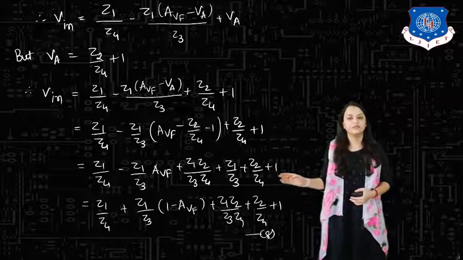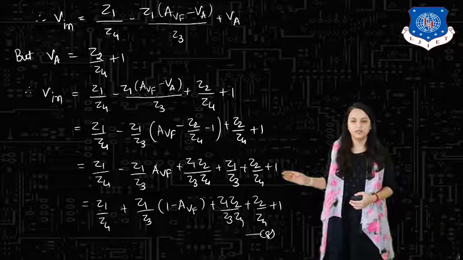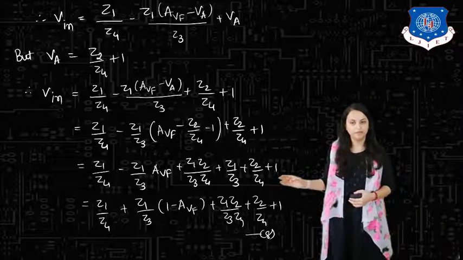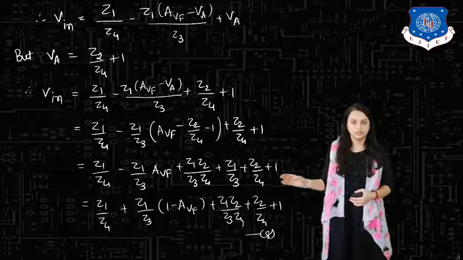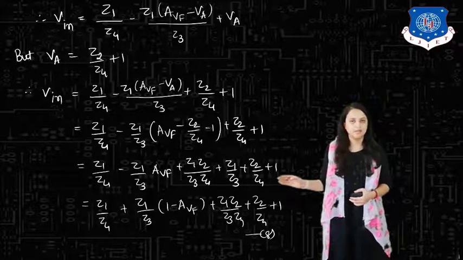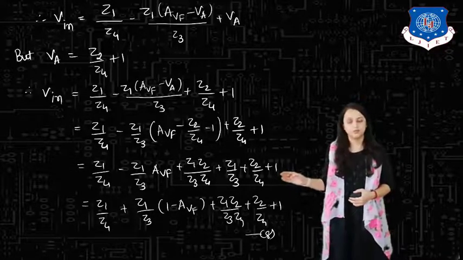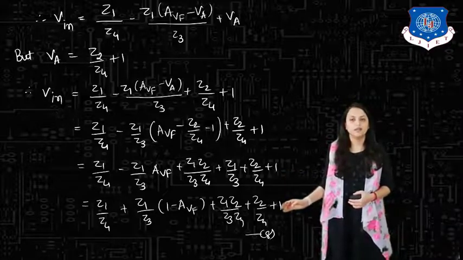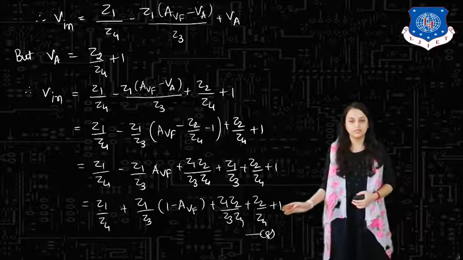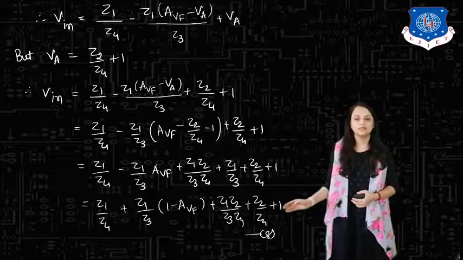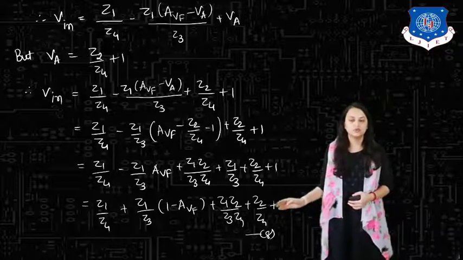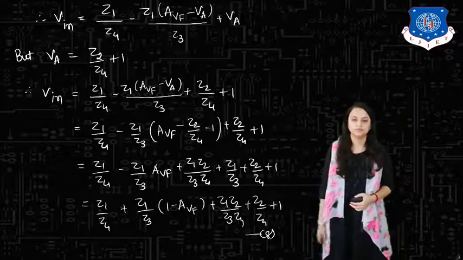Again simplifying further, we get Z1 by Z4 minus Z1 by Z3 into AVF plus Z1Z2 upon Z3Z4 plus Z1 by Z3 plus Z2 by Z4 plus 1. Again simplifying, we have equation number 8, that is Z1 by Z4 plus Z1 by Z3 into (1 minus AVF) plus Z1Z2 upon Z3Z4 plus Z2 by Z4 plus 1.